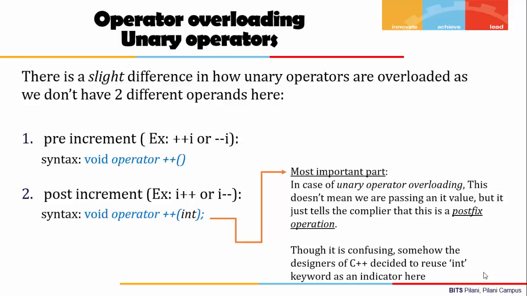Of course, the same approach will be used with the decrement operator. So even though we are using int in brackets, it doesn't mean that it is used to initialize anything. It's not an argument. It's a notation. It is confusing, but they have used int here.